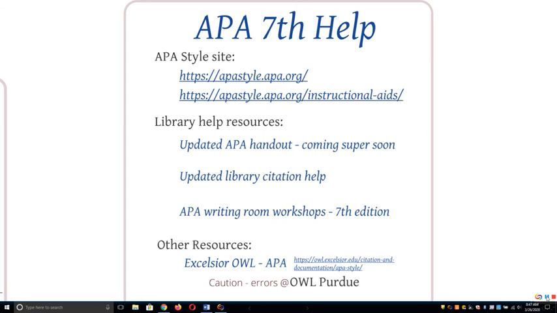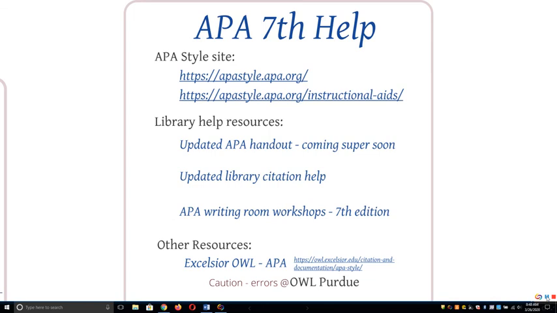As for resources out on the wild, wild web, do make sure that if you are looking at sources outside of the APA Style main page, that you are focusing on resources for the 7th edition. There's a lot of noise on the internet of the 6th edition still being out there, so make sure that you're looking for guidance on the right style. One of the sites I can recommend is the Excelsior OWL.